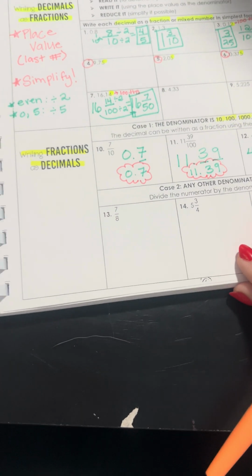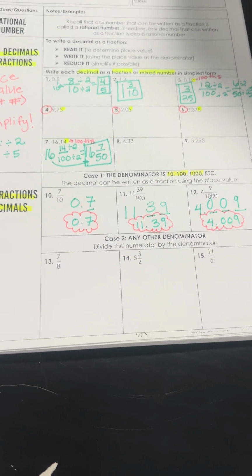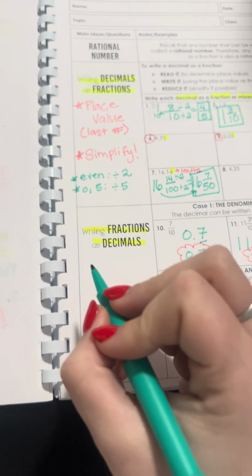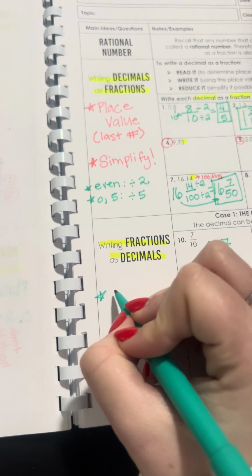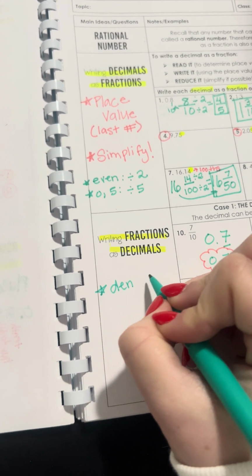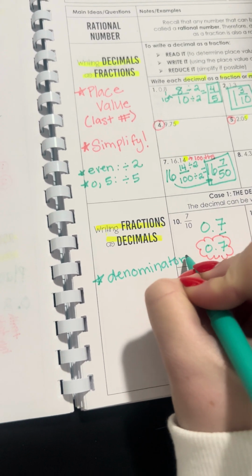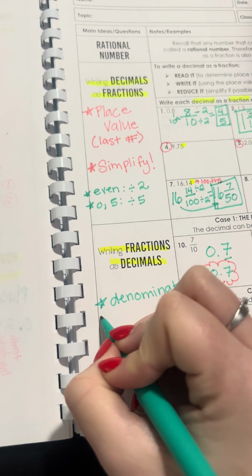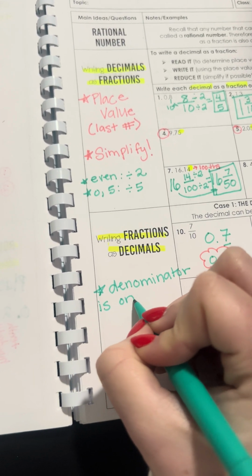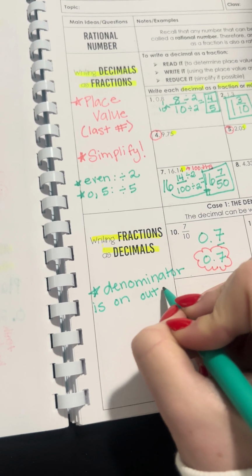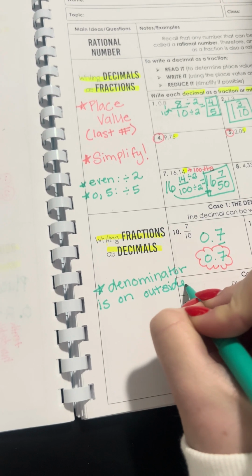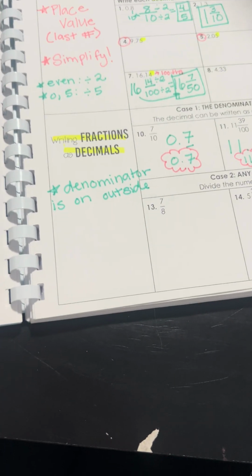Okay? All right. Now let's get into dividing fractions. If you remember, the denominator, which is the bottom number, is on the outside. Okay? So denominator is on the outside.